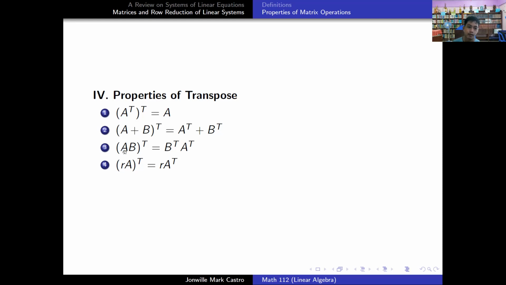(A times B) transpose is equal to B transpose times A transpose, and (rA) transpose is equal to r times A transpose without the parenthesis. Okay? So, yan yung mga properties of matrix operation.